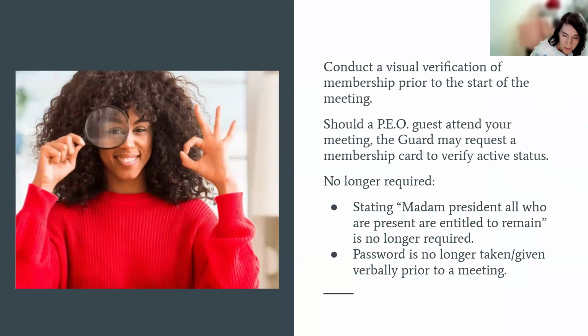No longer is required is stating that Madam President, all who are present are entitled to remain. I've heard this at some local chapter meetings. It's okay if you do that. Just know that is not a requirement. And passwords are no longer taken or given verbally prior to a meeting. That went away during COVID.